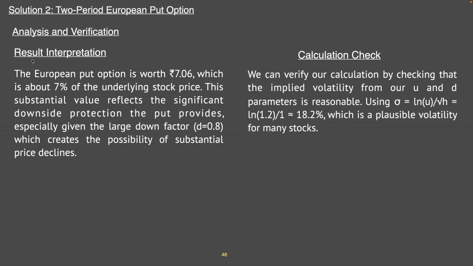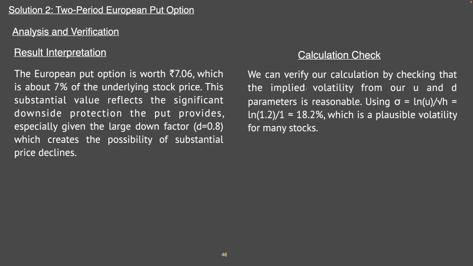So how do we interpret this result? This European put option will give significant protection against the downsides because we are considering the downside as 20%. Okay. So this put option will generally provide significant protection to the portfolio for any drastic downside movement of the underlying.